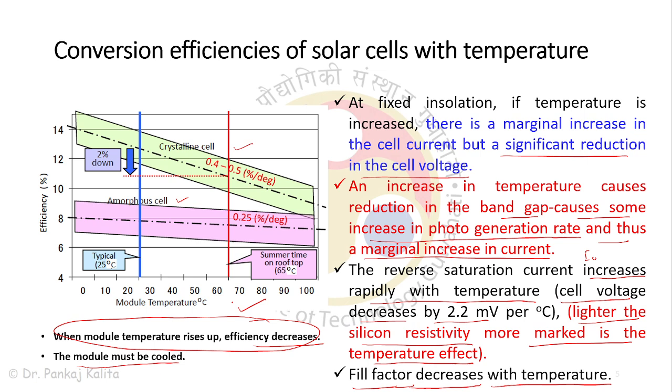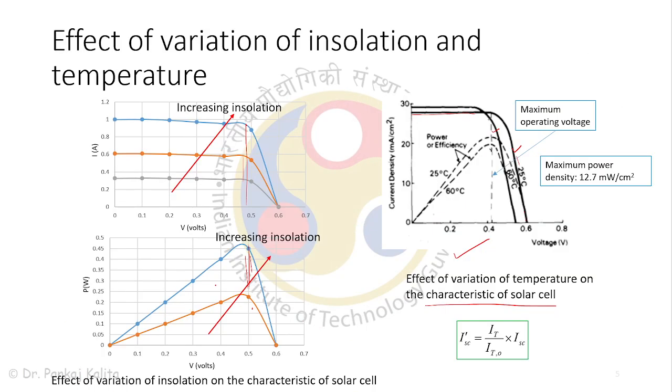Now you can go back into the lecture and see this slide. This slide is important. What is the effect of variation of insolation and temperature? As insolation increases, your current value will increase, your power will increase. So this is the trend that follows for the IV and the PV curve.